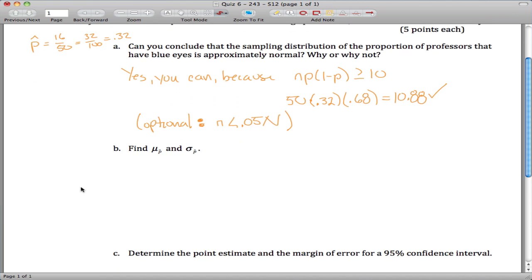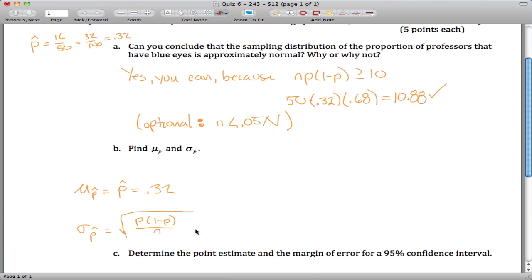Anyways, find mu of p hat and sigma of p hat. Mu of p hat is not too bad. It's just equal to p hat, which is 0.32. Sigma of p hat is a little bit trickier. It's the square root of p times 1 minus p over n.